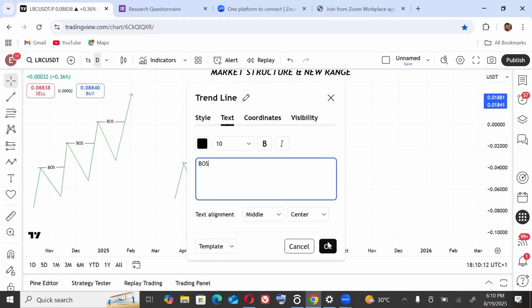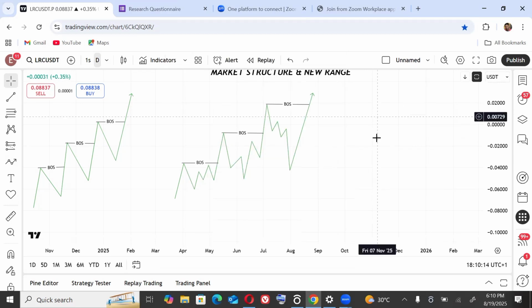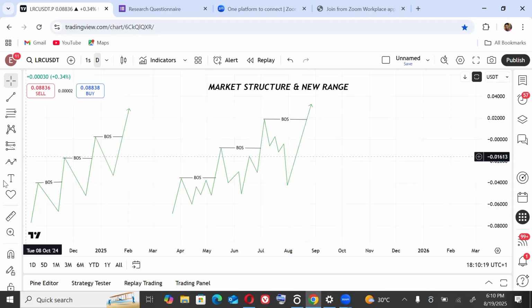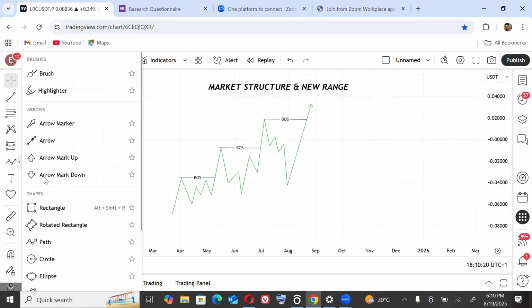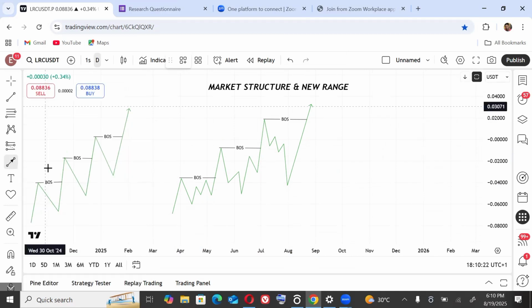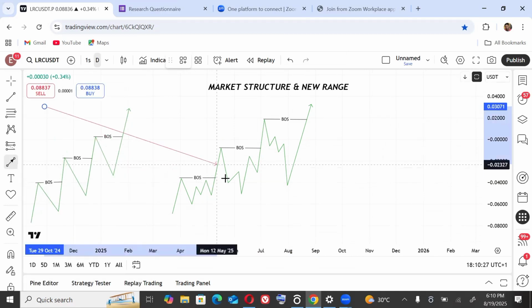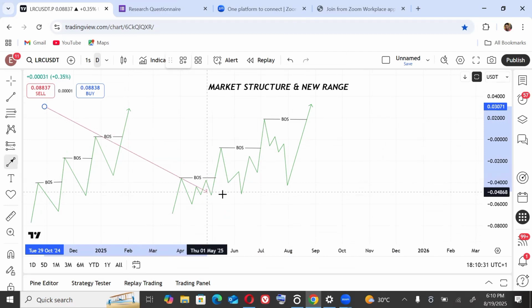I have another BOS right there. Now, take a very good look at these. For the basic, there's no inducement. But for this, we have what we call an inducement, and we have new buyers stepping in.